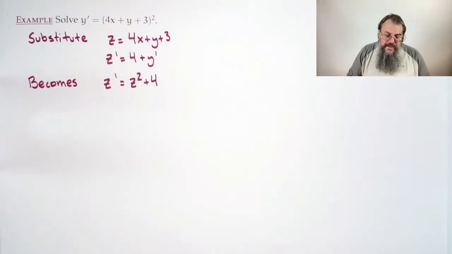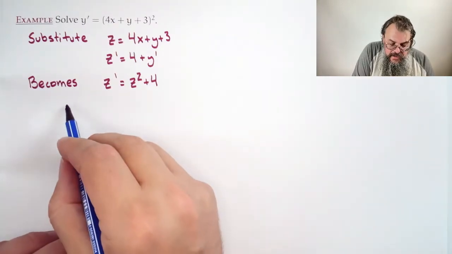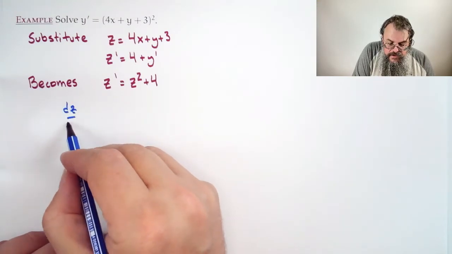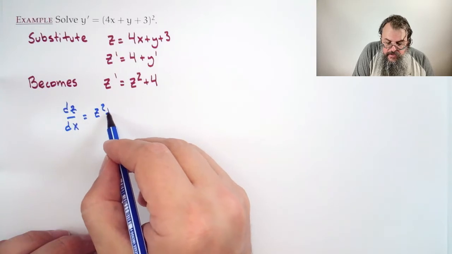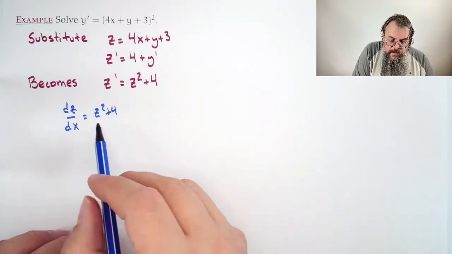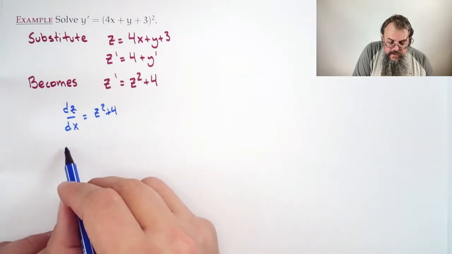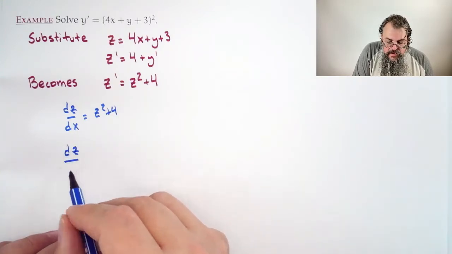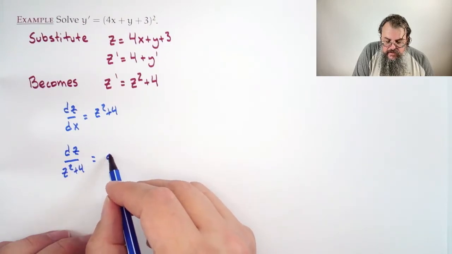Well, this is actually going to be a separable differential equation. So this is dz over dx equals z squared plus 4. And then we would move the z squared plus 4 and the dx. We would get that dz over (z squared plus 4) is equal to dx.